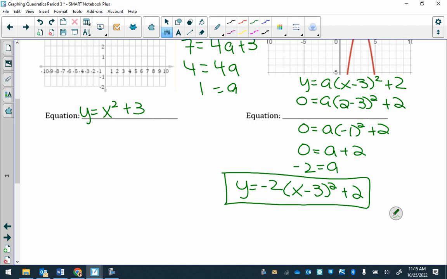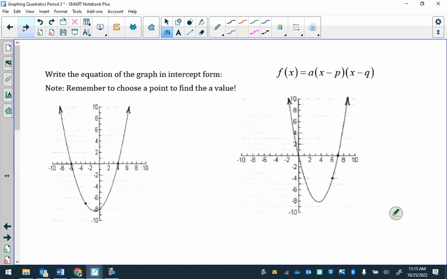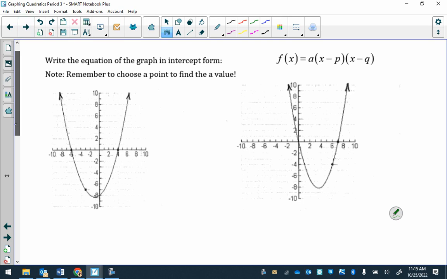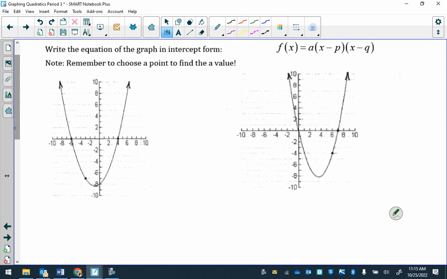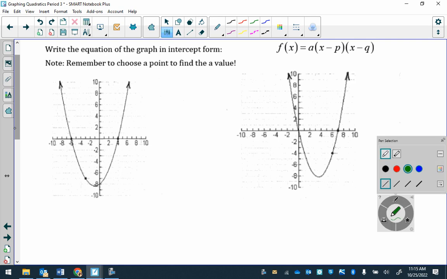Okay, to find the equation in vertex form, if you turn to, oops, this page here. Okay, we are using intercept form now. Okay, we are finding intercept form.